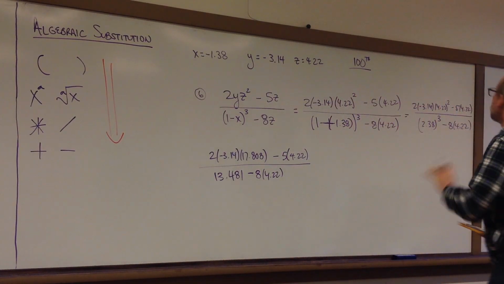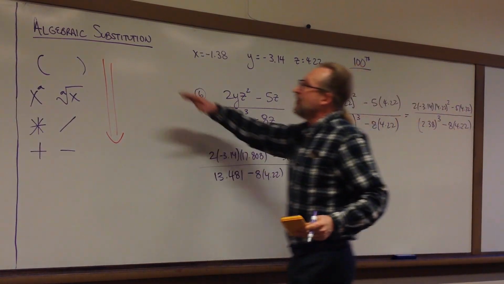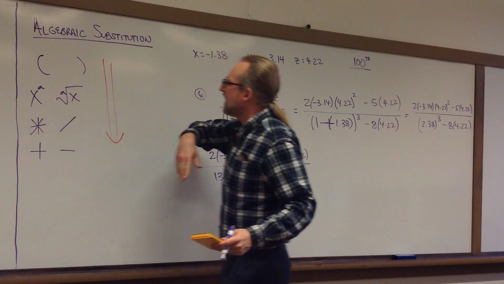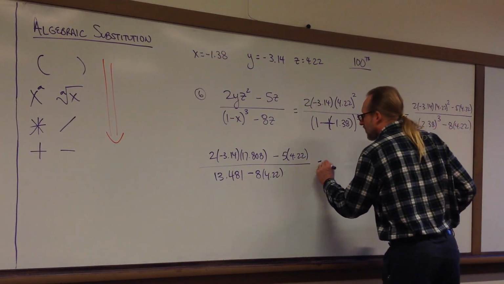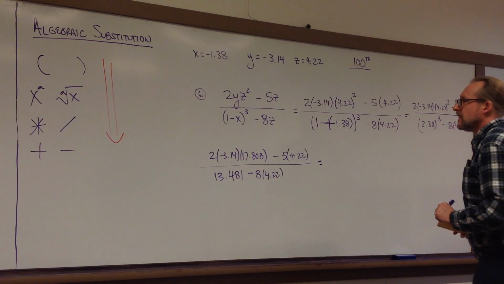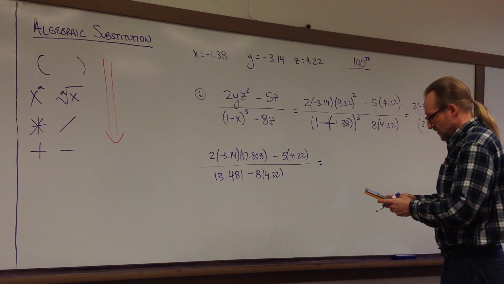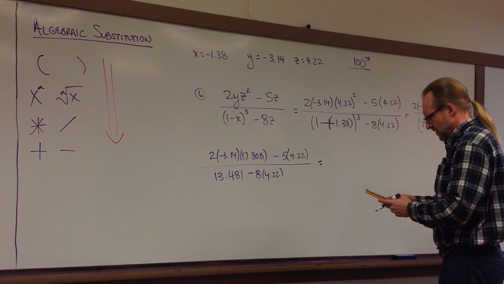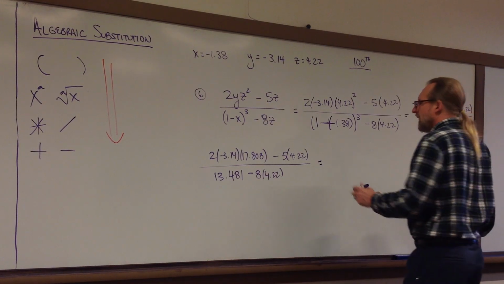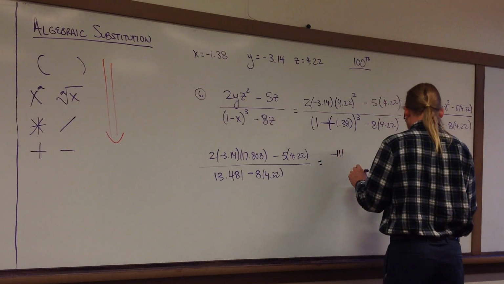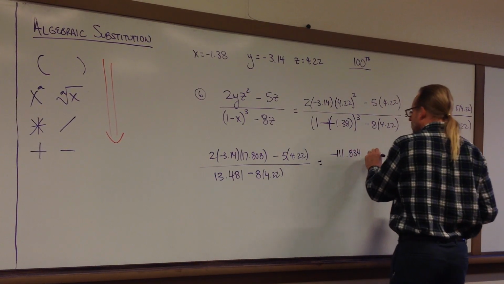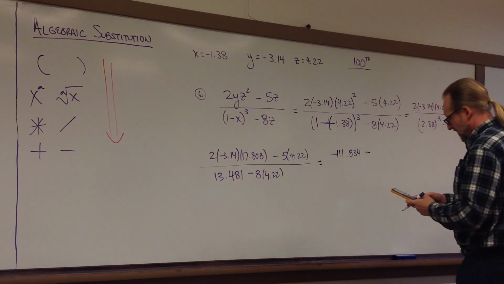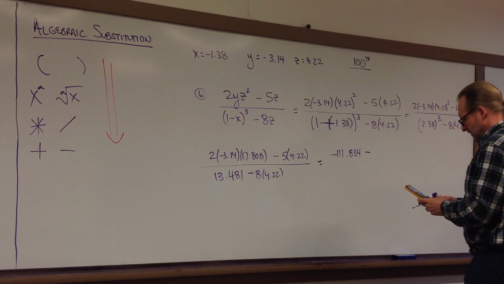Okay, so now we've got the exponents out of the way, we got the parentheses out of the way. Now it's time to multiply. Okay, so let's see here. 2 times negative 3.14 times 17.808 and negative 111.834.